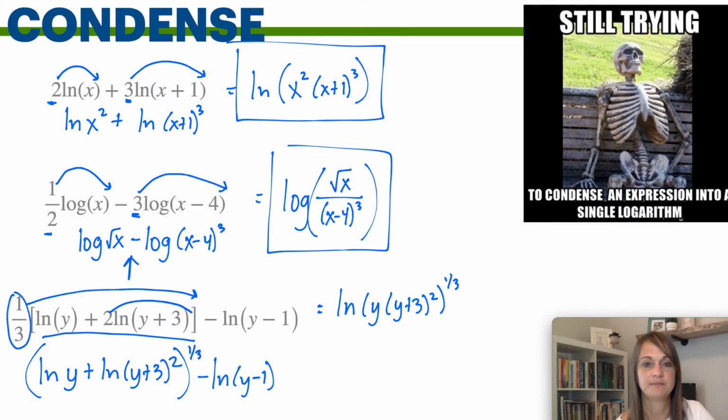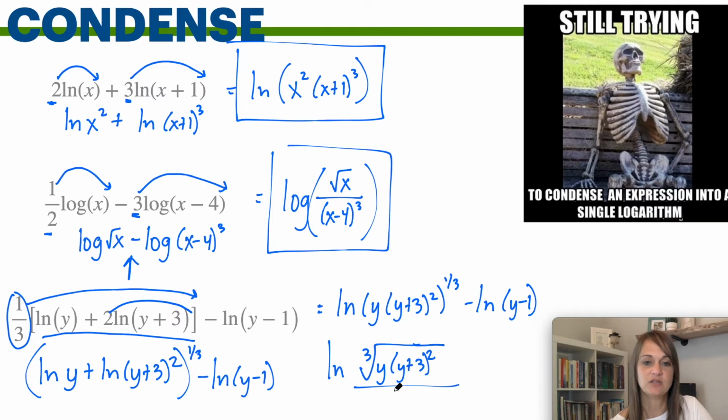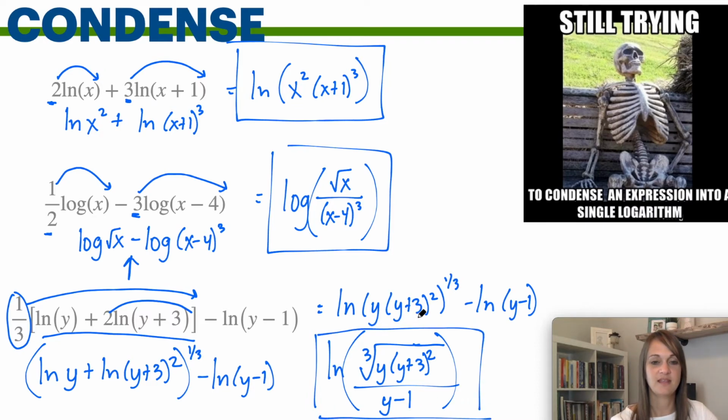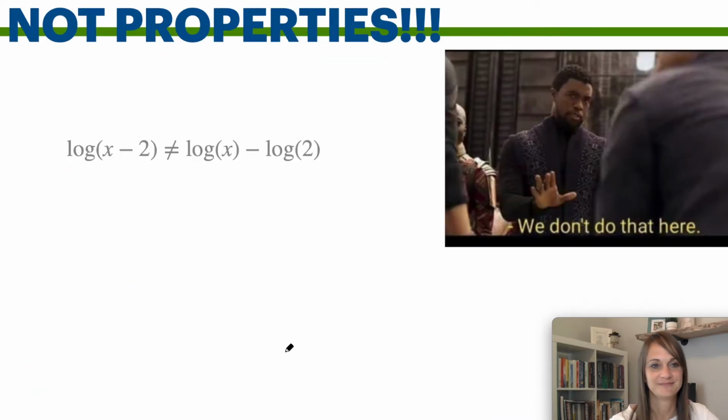So we are going to end up dividing. 1/3 is the same thing as the cube root. And then minus means that you can divide that function by the other function. And this should be the condensed version of that function.